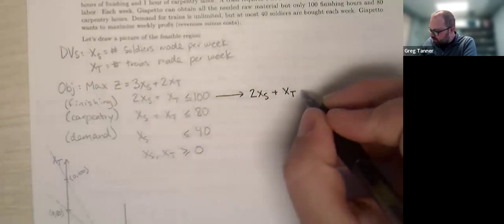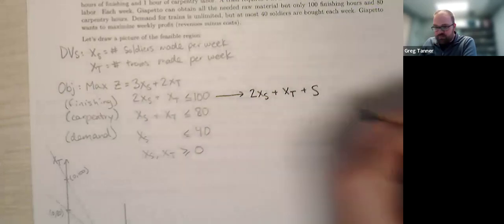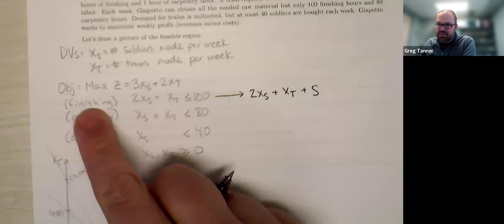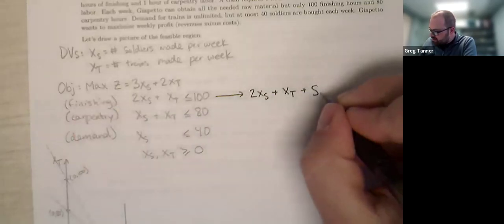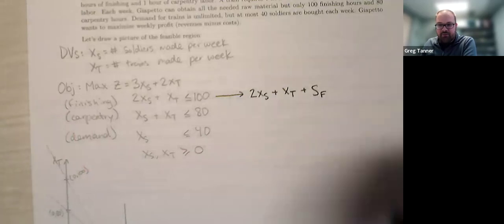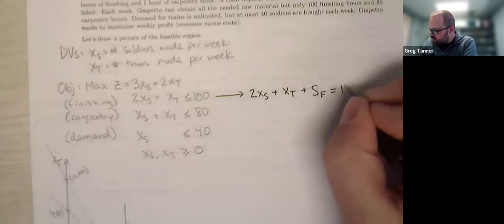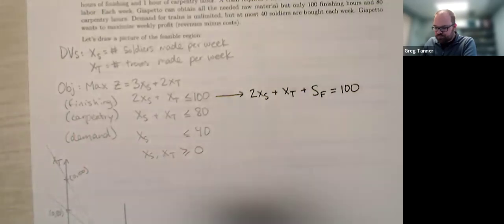I usually use s as the variable, with a subscript that relates to the constraint, because you want to think of these slack and surplus variables as being related to the constraint. So I'm going to call this SF, the slack for the finishing constraint, and that becomes equal to 100.